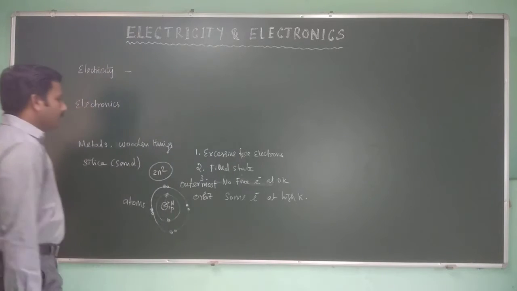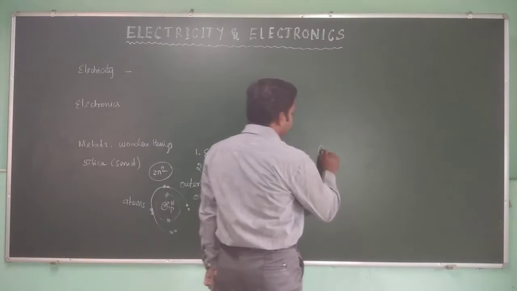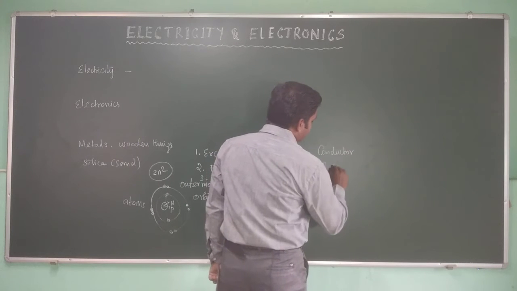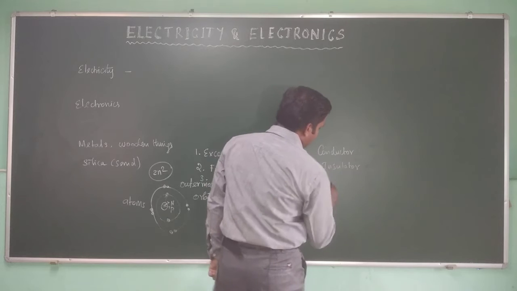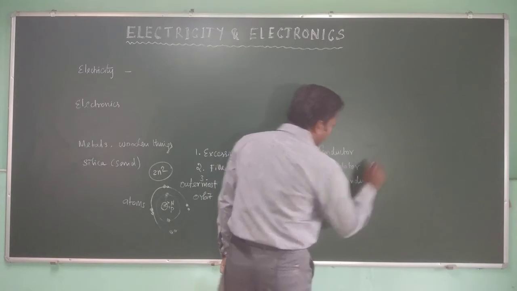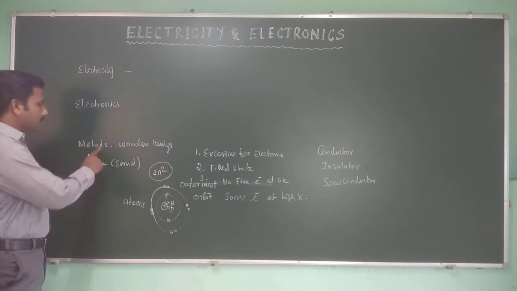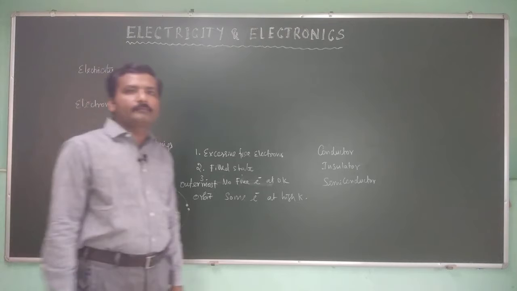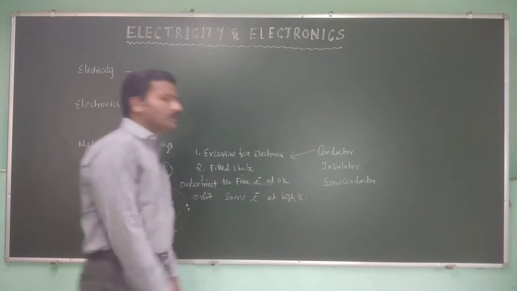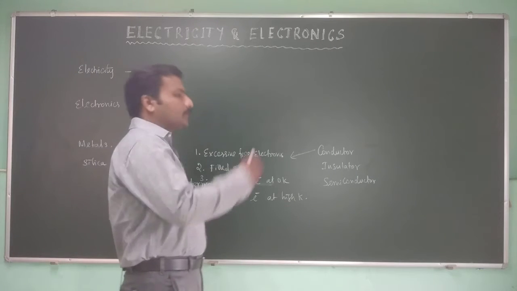you can classify a material into conductor, insulator and semiconductor. So a conductor is a material like metals, human body, etc. It has a large number of free electrons to move within it, so that an electron will move from one point to another point.